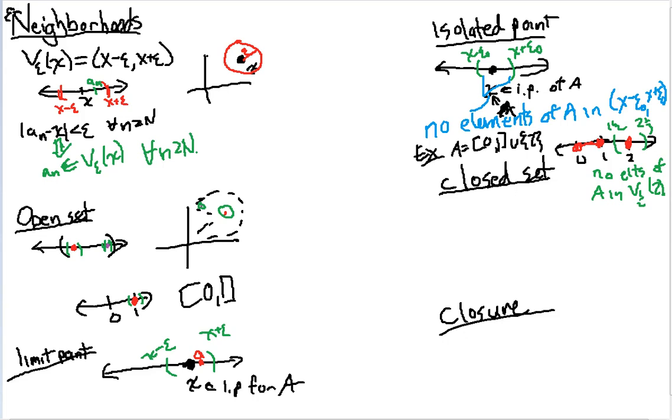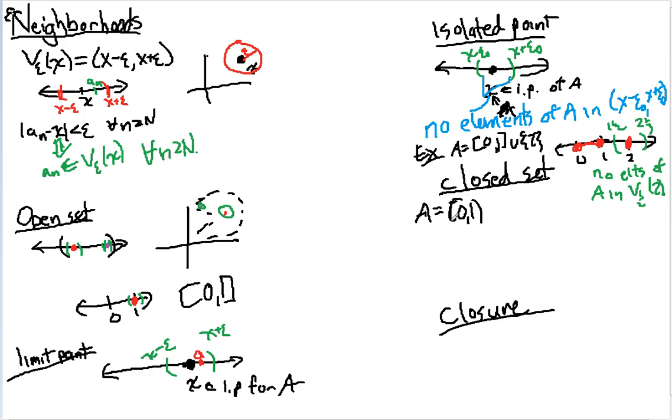Let's go now again to closed sets. A closed set is a set that contains all its limit points. So what that means is it has to contain all of these. And the best example is the open interval 0, 1.